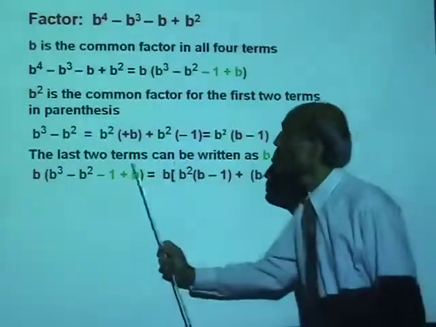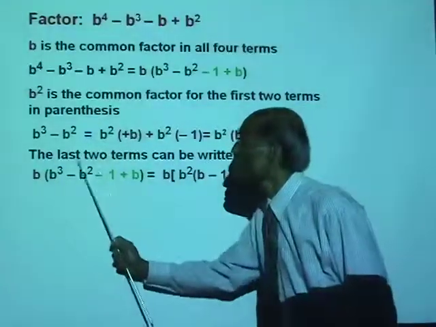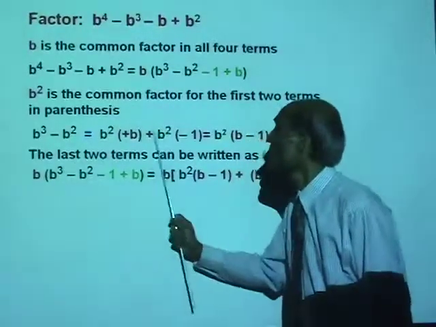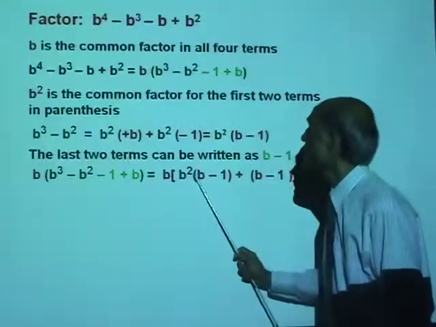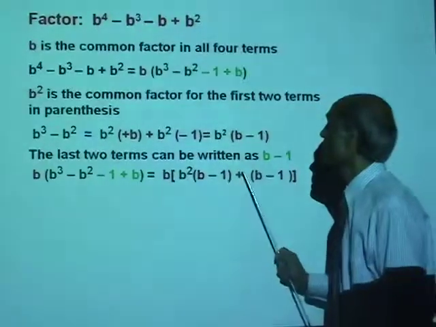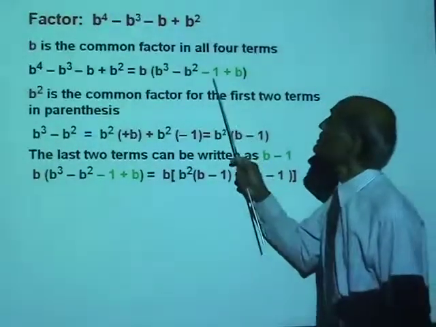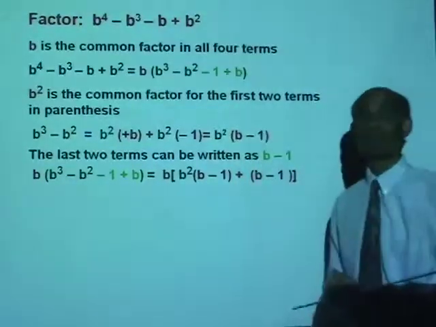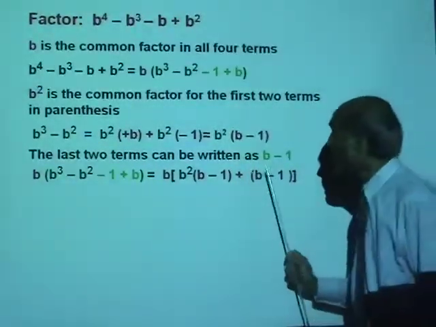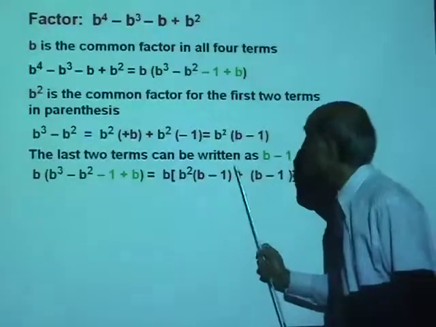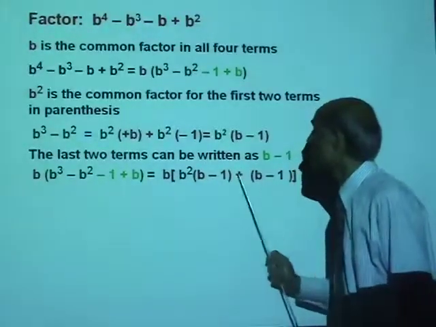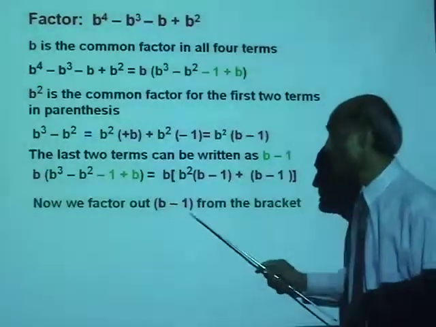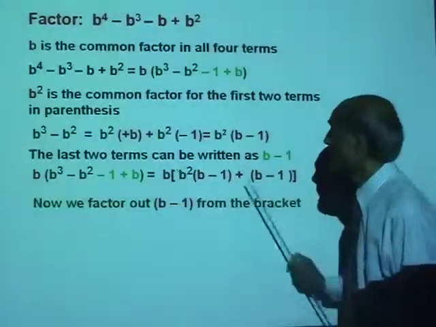Because I'm going to group 2 terms at a time. b cubed minus b squared is b squared times b minus 1 plus negative 1 plus b is the same as b minus 1. Now I can factor out a b minus 1 from these two terms.